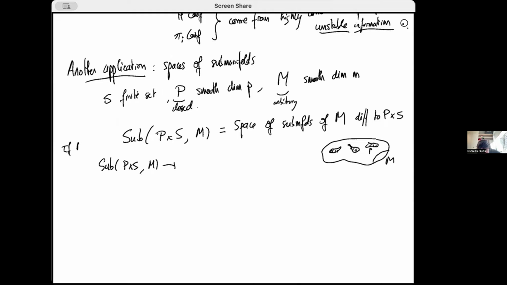So if M is open, you can stabilize and get maps like this. So a natural question is, is there homological stability? And also what happens if M is closed?